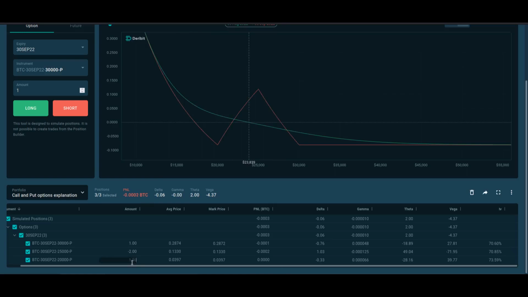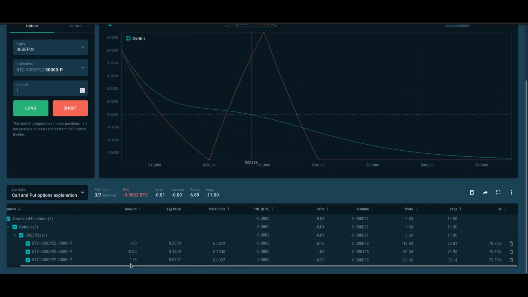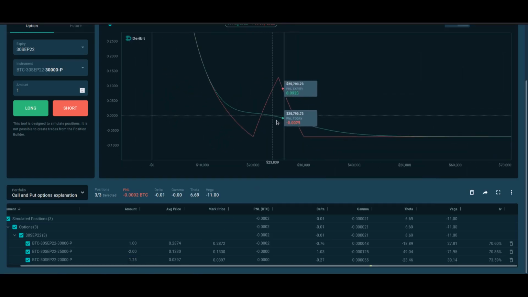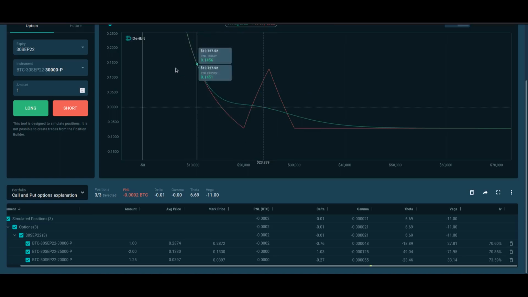Basically, we change our wings' skewness, and this is how it will work.